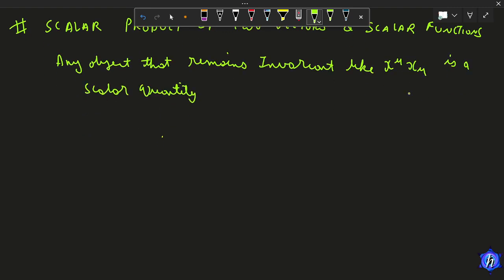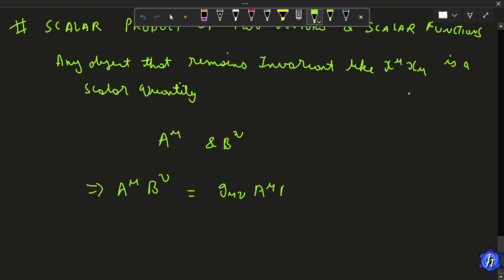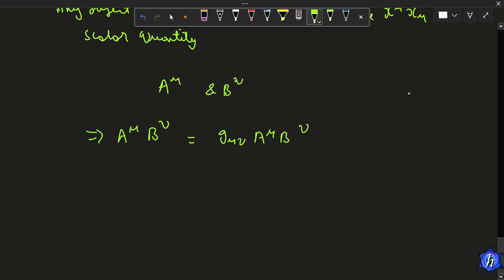Now the scalar product of two vectors. Let's take two vectors, a mu and b nu. The scalar product of these two vectors will be written as g mu nu a mu b nu, or a mu downstairs and b mu upstairs.